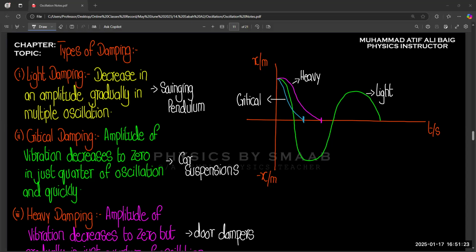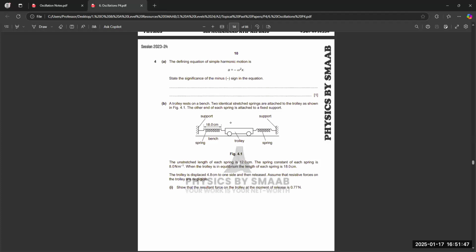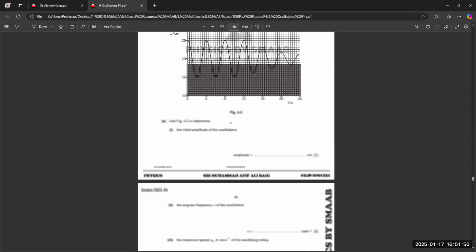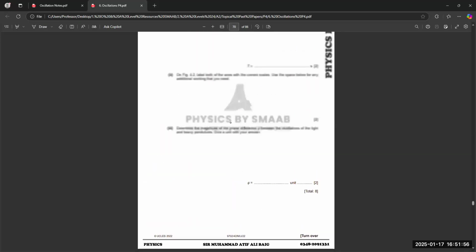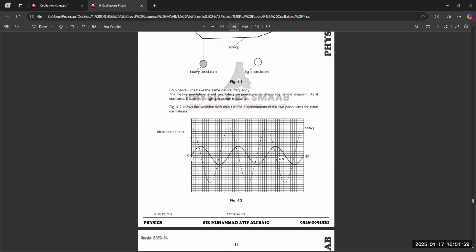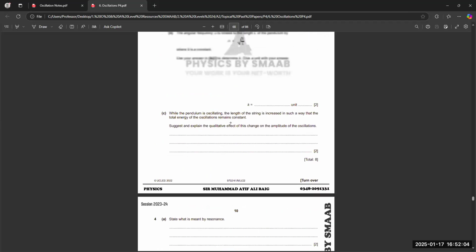Oscillation. Okay, this is mostly related to wave as compared to oscillation.